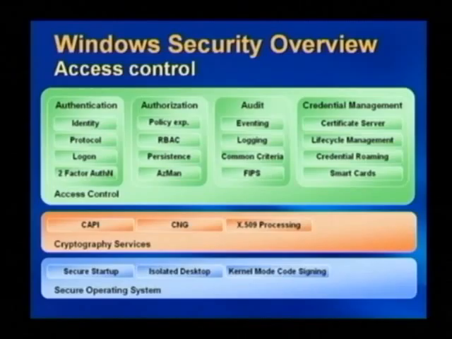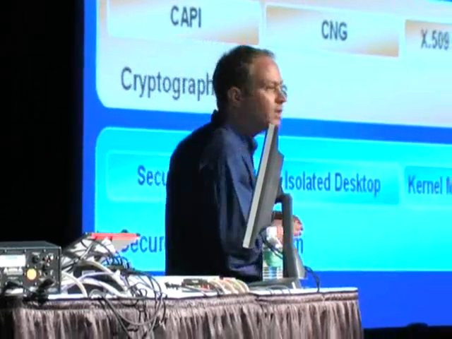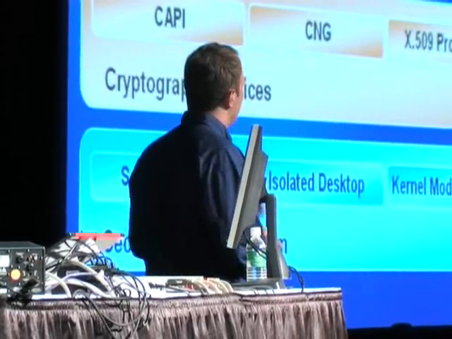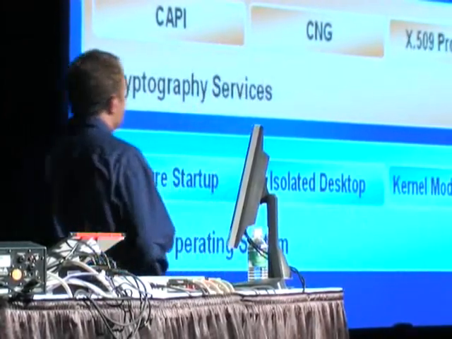At a higher level, we have four main pillars: authentication, authorization, audit, and credential management. Of course, we're not going to cover everything, but we're going to focus on the new features and enhancements that we really believe are critical for driver developers and hardware developers to understand when developing software for Vista.